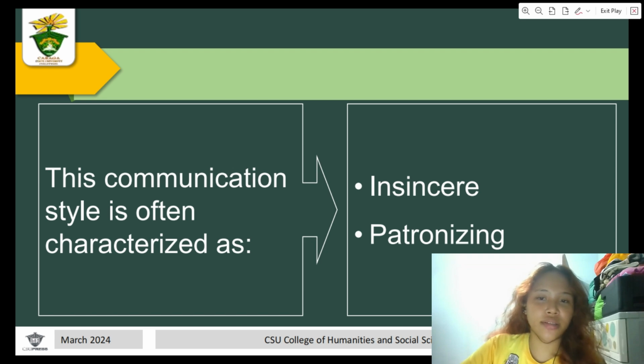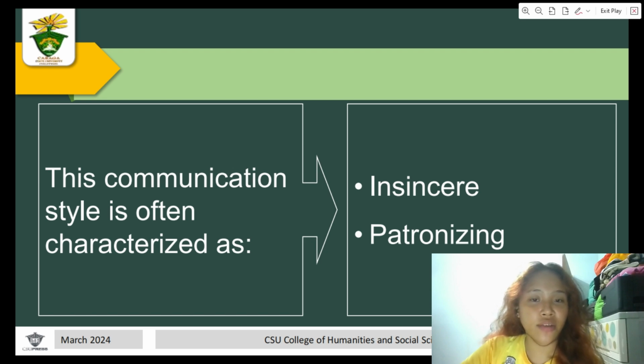This communication style is often characterized as insincere and patronizing. When you say insincere, it means that when they say a word, for example, they say, I care about you, but really they don't mean that they care about you. And next is patronizing.